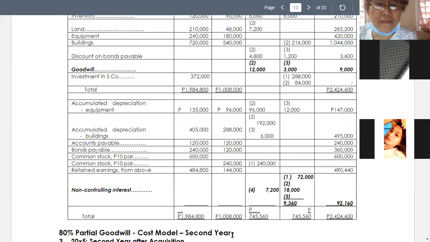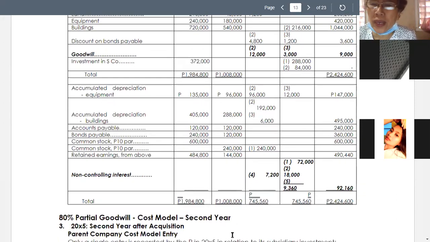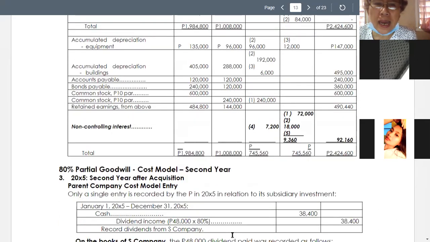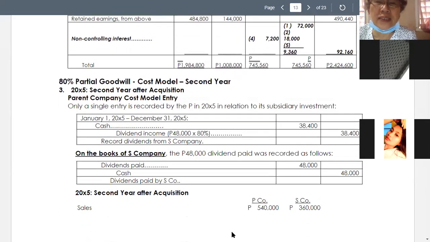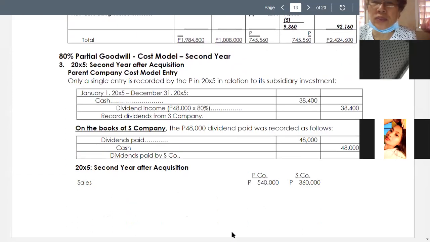So take note that your totals, if you transfer discount from among the assets to the liability portion, that will affect your total. So I hope you will correspondingly adjust your totals. We have been talking about that in the previous requirements.